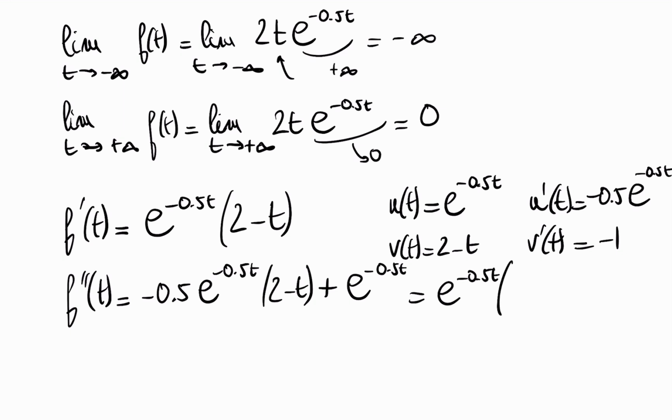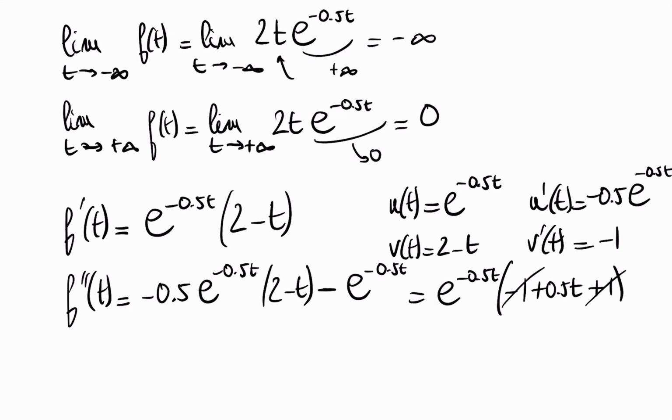So that's what? Minus 1 plus 0.5t plus 1. So, okay, u prime v plus v prime u. Oh, no, I made a mistake here. It's minus.